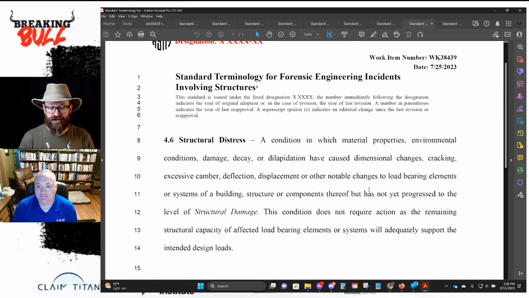Physical alteration is a change in the material. So this says dimensional changes, cracking, excessive camber, deflection, displacement, any other changes. So there's your physical alteration. Tangible property is just property that is physical in nature. It's not an idea.